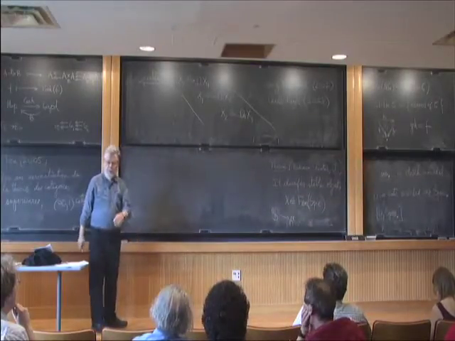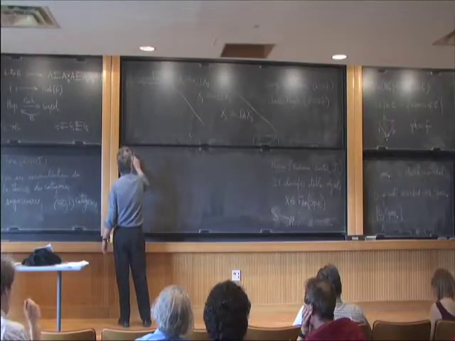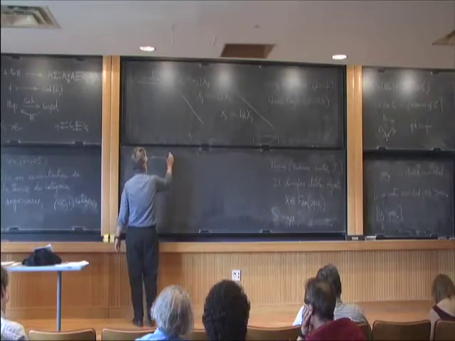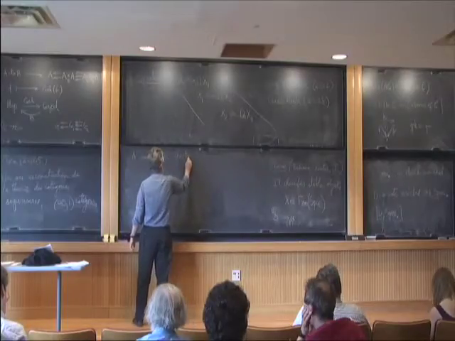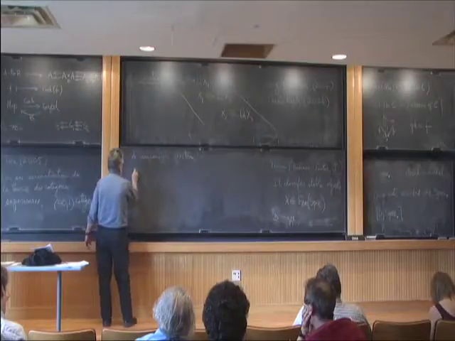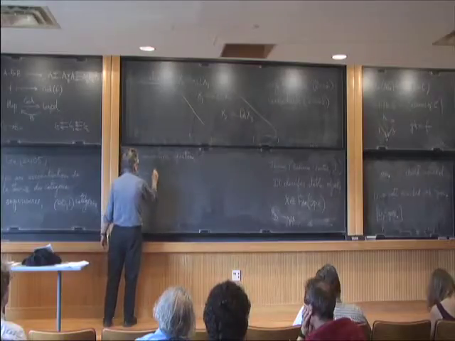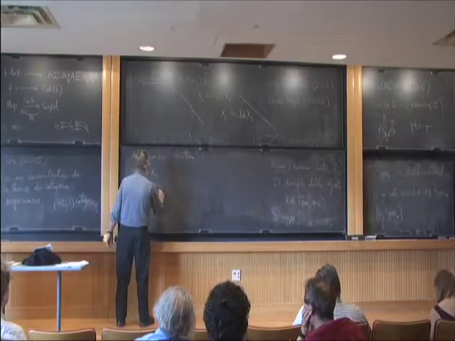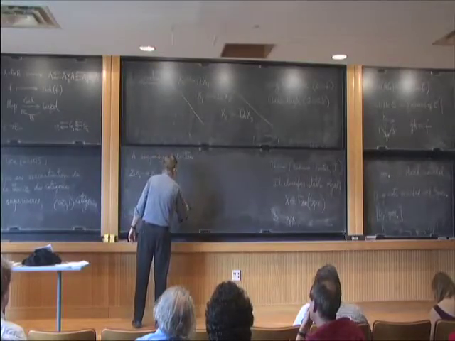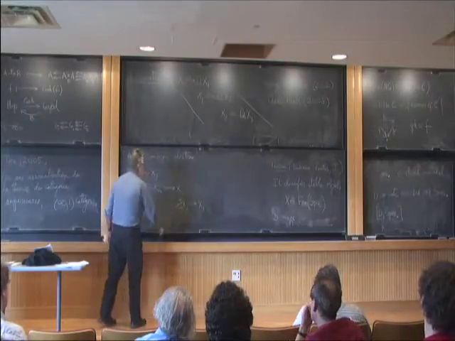A suspension spectrum is a sequence of a space x0, and now you take the suspension of x0, you map it to x1. And you take the suspension of x1, and you map it to x2. The suspension of x2, you map it to x3, etc. So that's a suspension spectrum.